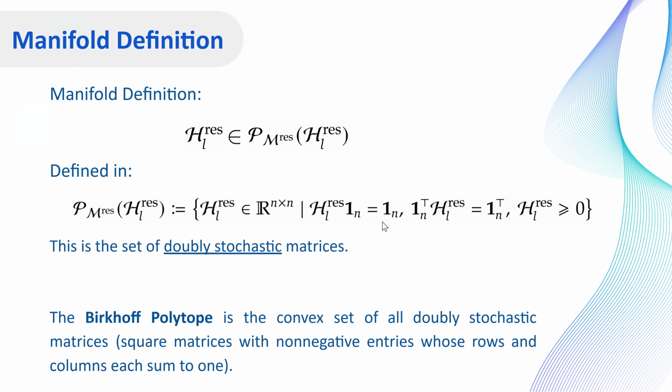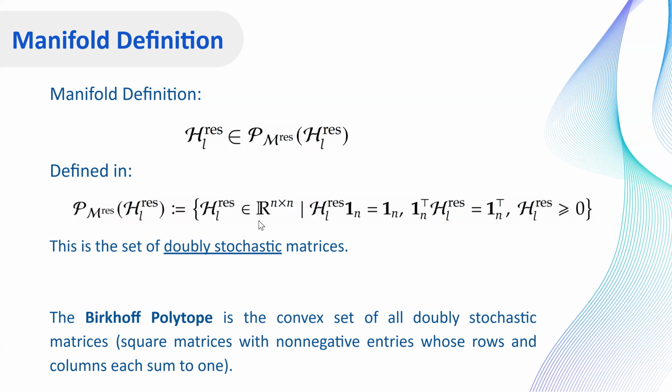We want the sum of all of the rows to be 1, so that we have a stable forward pass. And the column sum is also 1, so we have a stable backward process, stable gradient flow. And also all of the entries should be larger than or equal to 0. In that case, it's a convex problem.